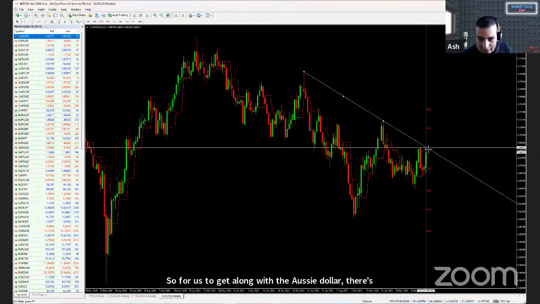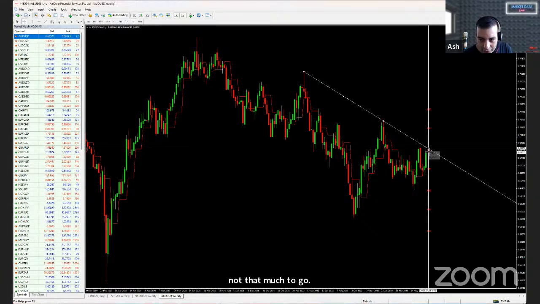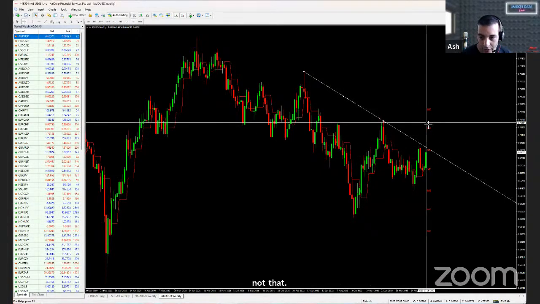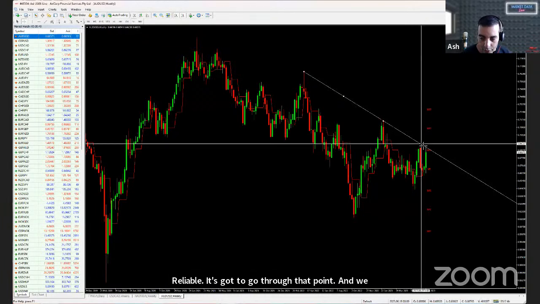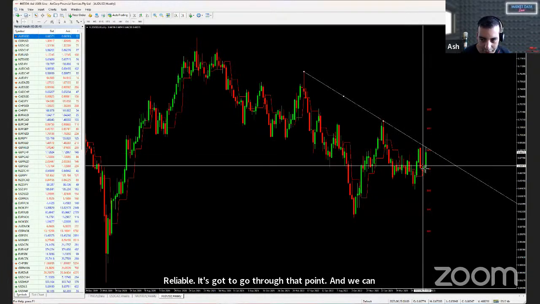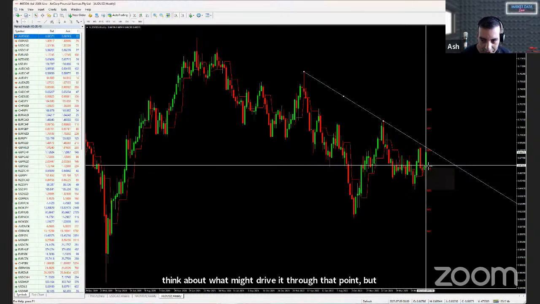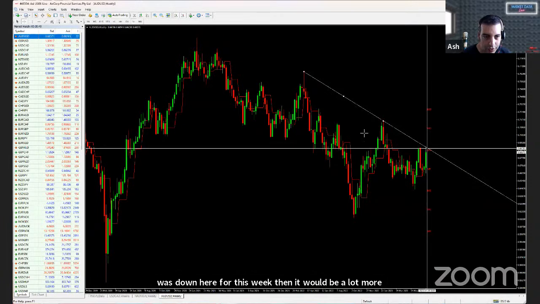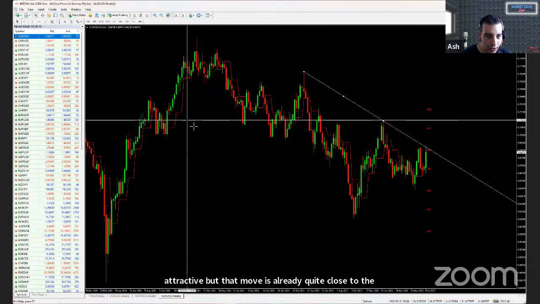It's 50 pips really before we hit significant resistance that's already proven itself to be probably not that reliable. It's got to go through that point, and we can think about what might drive it through. But Aussie dollar long doesn't look that attractive. If it was down here for this week, then it would be a lot more attractive. But that move is already quite close to the resistance point, so probably I wouldn't be looking at the Aussie long myself.